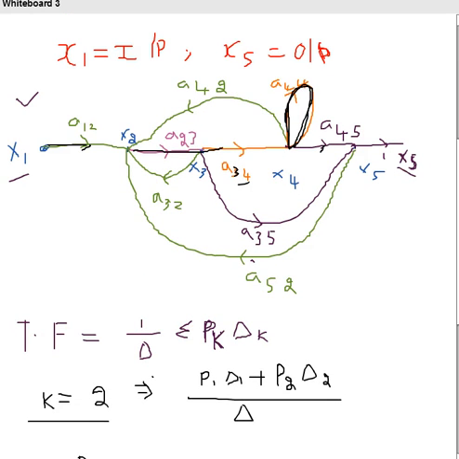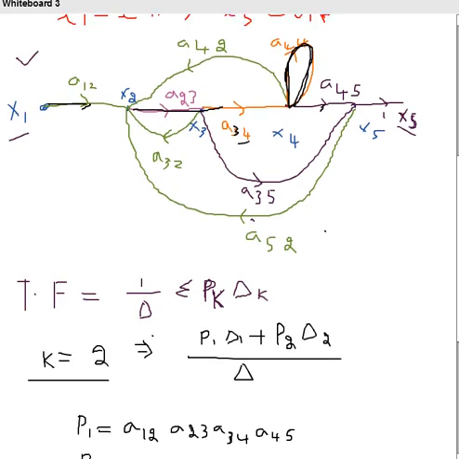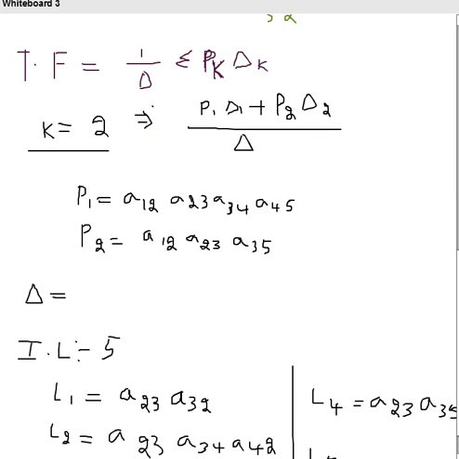See the signal flow graph clearly. A23, A45, A52. A23. Next, A34, A34, A45, A52, correct.